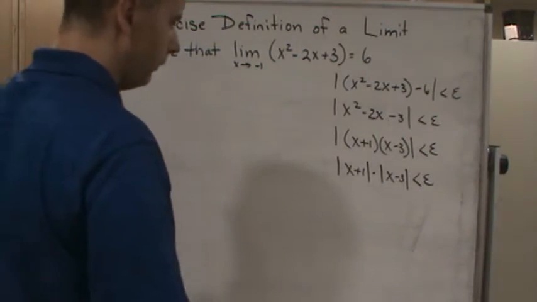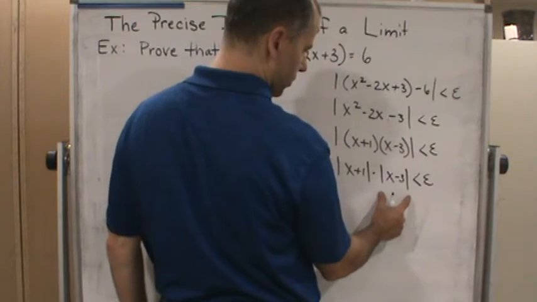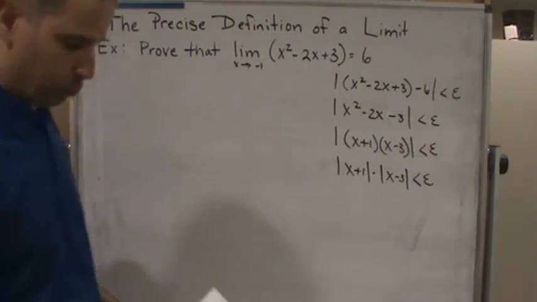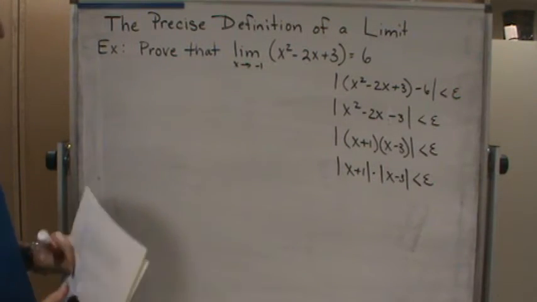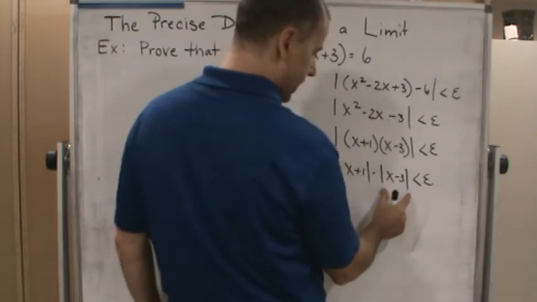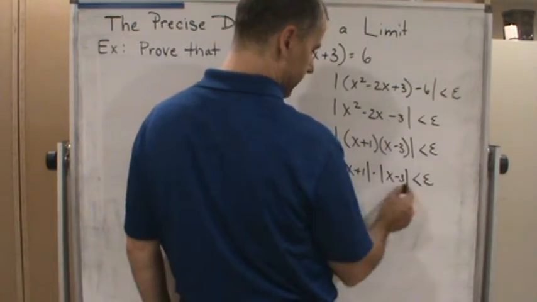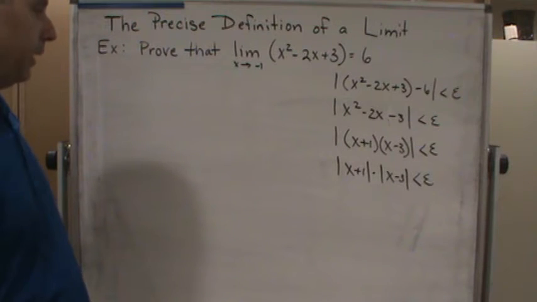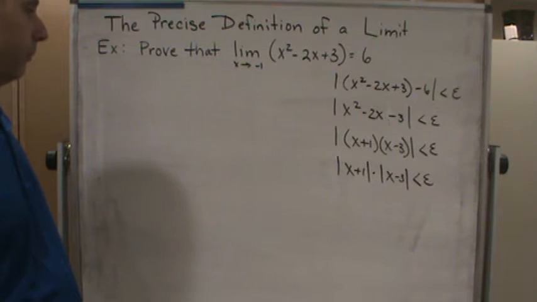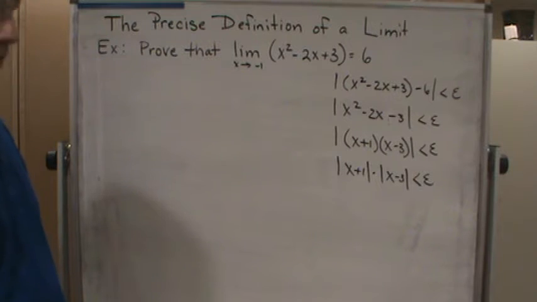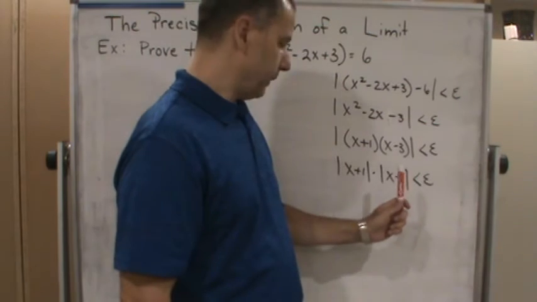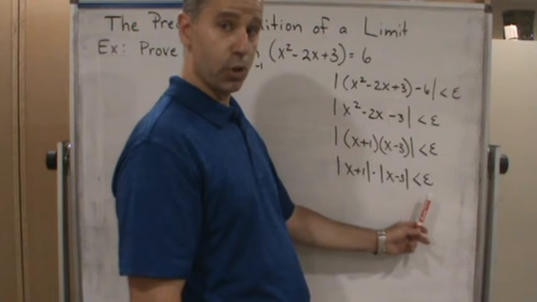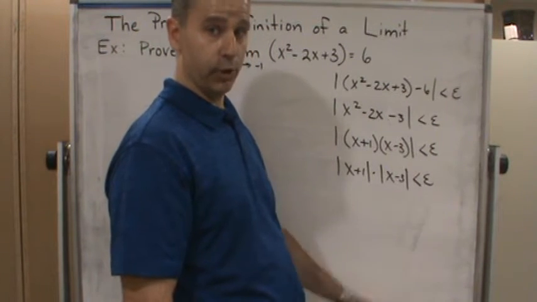Now, it would be very tempting to just divide both sides by the absolute value of x minus 3, since we know this has to be positive, and use that as our delta. But be careful, you can only have delta defined in terms of epsilon and no other variables.